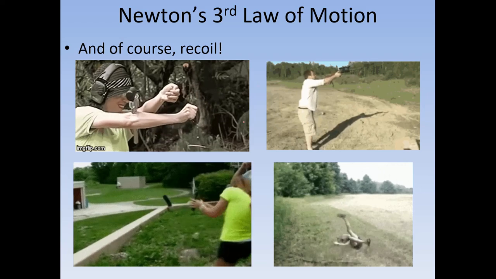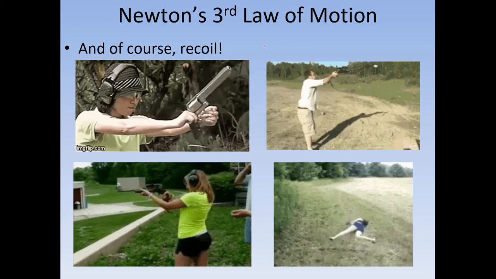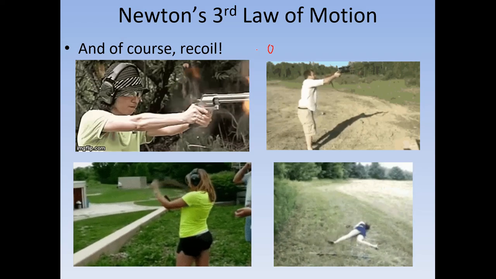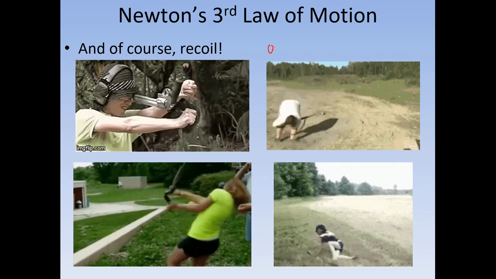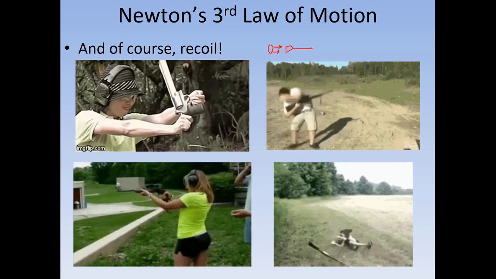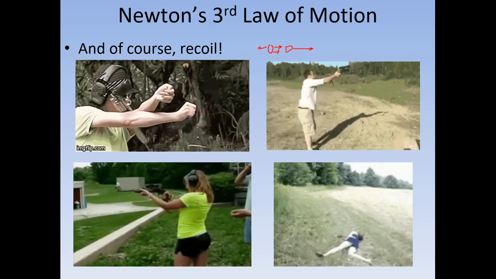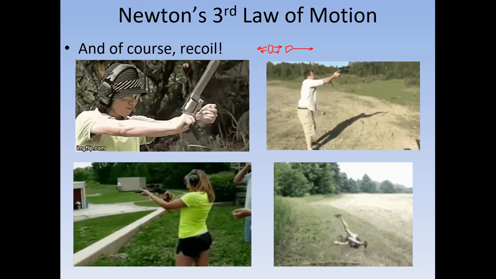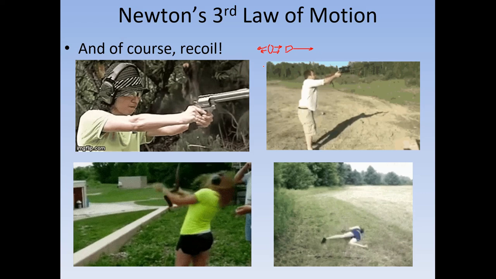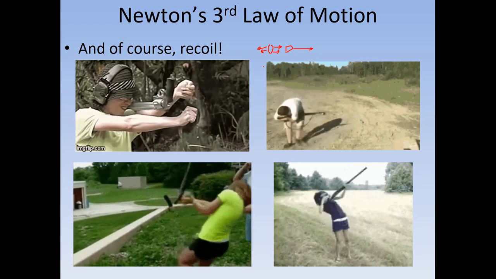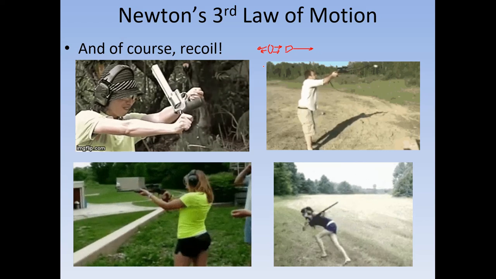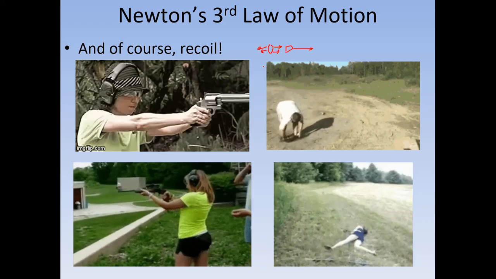I don't have an image of this, but typically the way it works is that there's a gas within the gun that expands out, pushes the bullet forward, and then pushes the gun backwards. So inside the barrel of the gun is an expanding gas that pushes on all sides, and that's what's causing that kickback on the gun. You can find a bunch of videos like this.